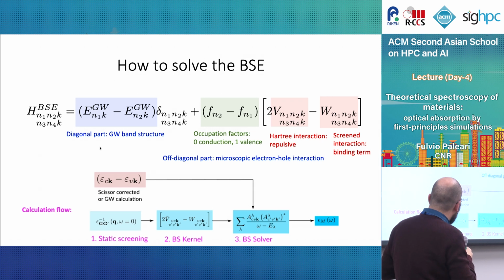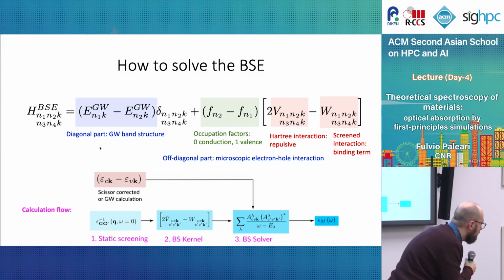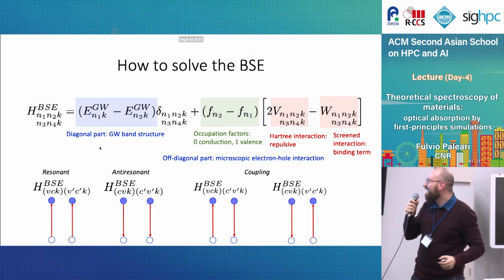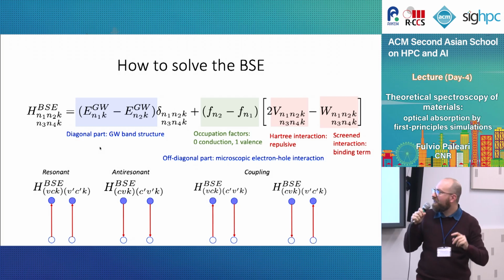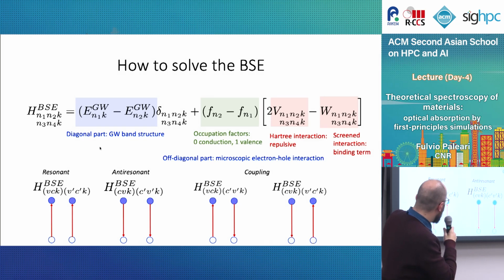Very good. Let's now analyze a little bit more in detail these matrix elements. You see that we have basically three different types. We have the type of elements that couple transitions with positive energy, from valence to conduction to valence to conduction.